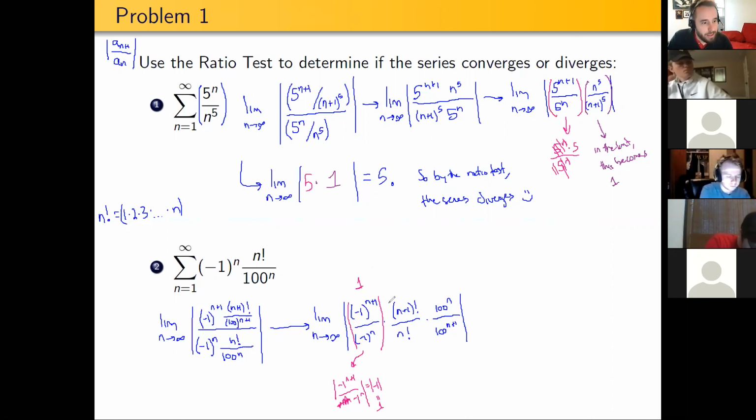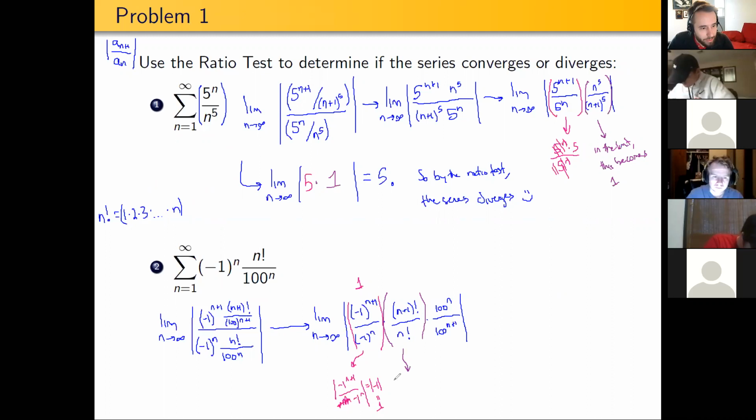Next up, we have got the n plus 1 factorial divided by the n factorial. And this is great. This is where we see that these factorials behave really, really nicely in terms of the ratio test. Let's keep in mind what the factorial is.